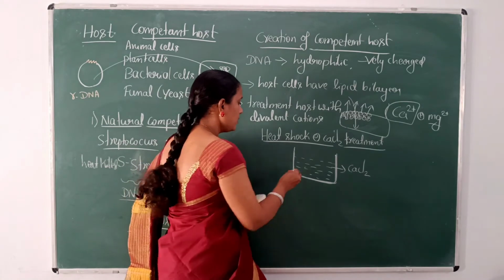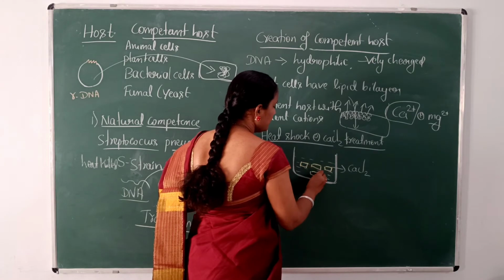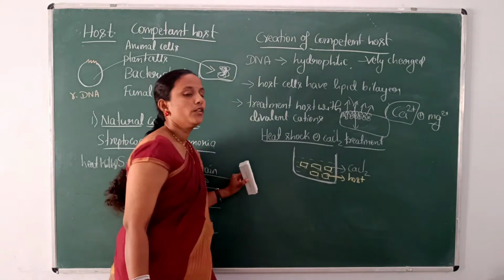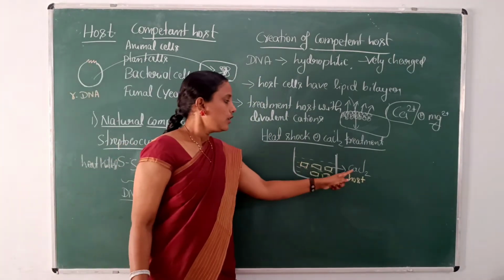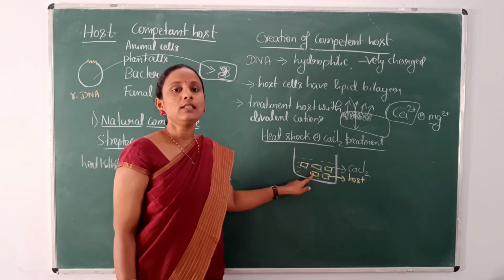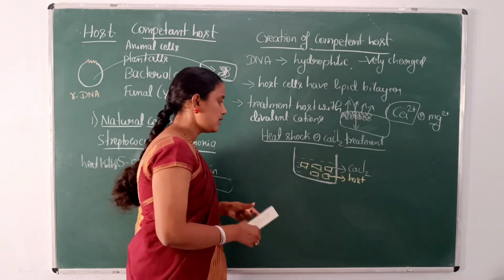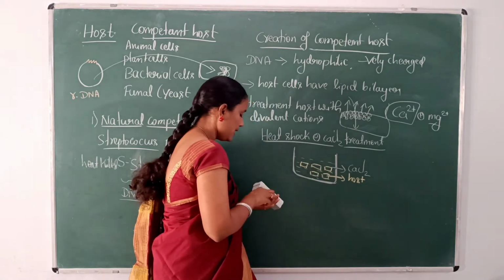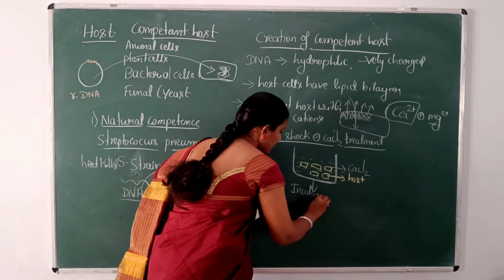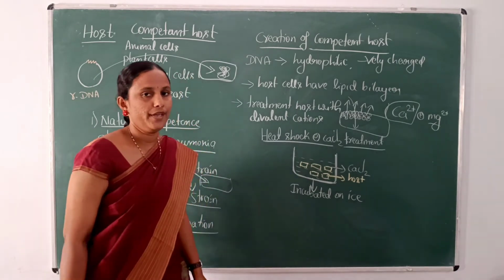And then we add the host cells. The host cells will be added to the solution. So these are the host. The calcium ions bind to the membrane of the host, and after adding the calcium ions, this chamber should be incubated on ice, that is, at very low temperature.